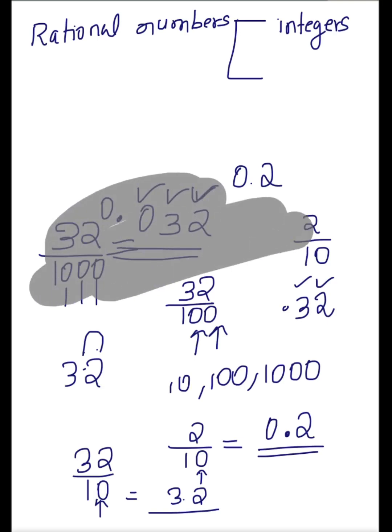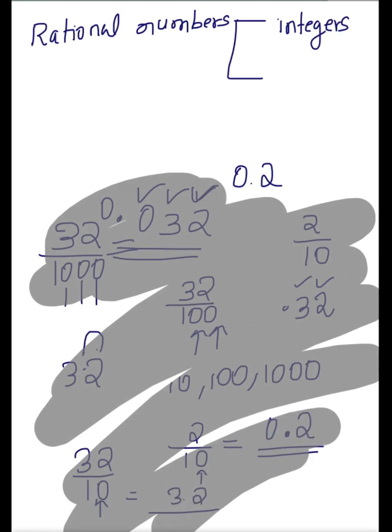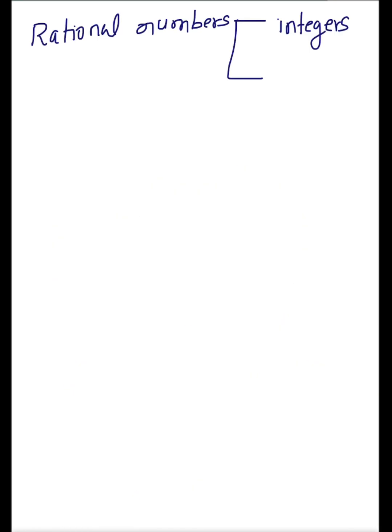Suppose I am taking the decimal number 0.2. You can write it as 2 by 10. That means this decimal number can be written as 2 by 10, so all decimals are rational numbers.